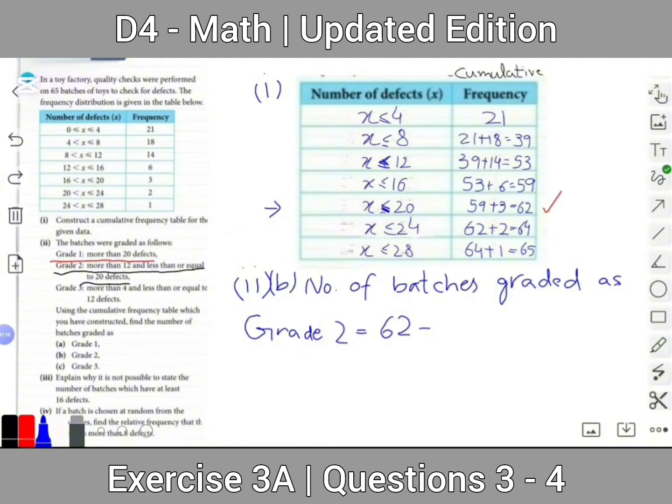Now for more than 12, the value of the cumulative frequency is 53. So here we have 53. So 62 take away 53 is equal to 9. So the number of batches graded as grade 2 is equal to 9.